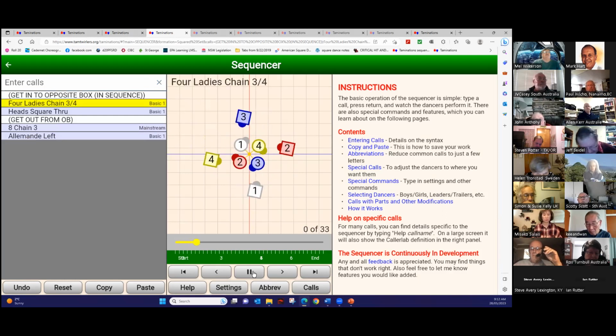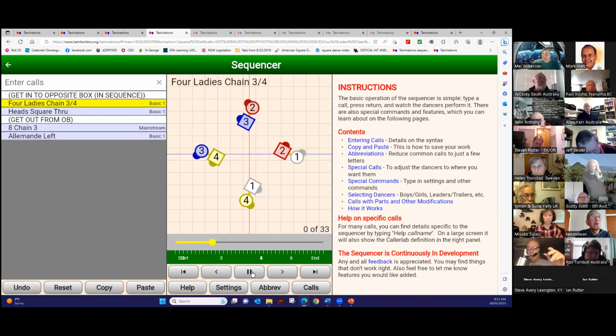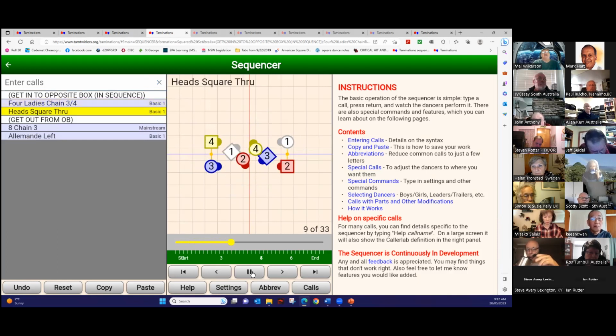So a simple get-in to an opposite box: four ladies chain three-quarters, heads square through, or heads touch a quarter and boys run if you prefer. Okay, and you notice that we're still in sequence, 1, 2, 3, 4, and the ladies 1, 2, 3, 4. Or the other way, 1, 4, 3, 2.